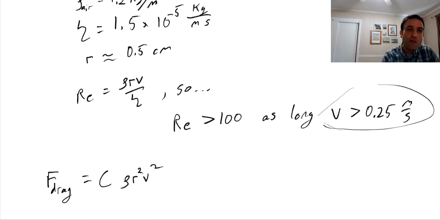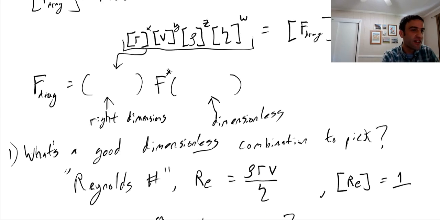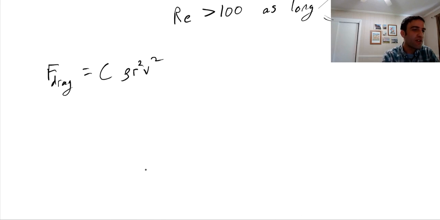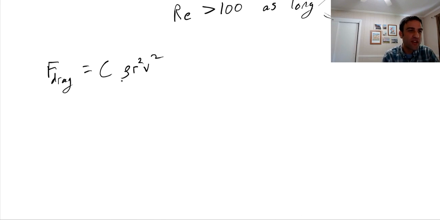Going all the way back to where we started this, when we said the tangent of the angle is related to this ratio of forces. Well, we now know how those forces depend on properties of the air, properties of the droplet, and how fast our vehicle is moving, the thing that we wanted to ultimately relate.